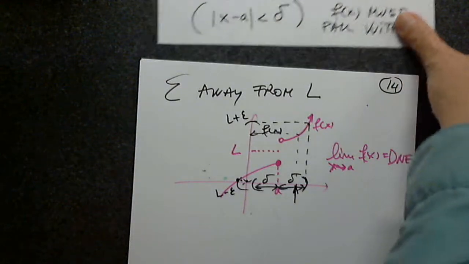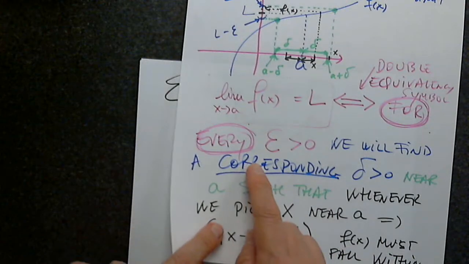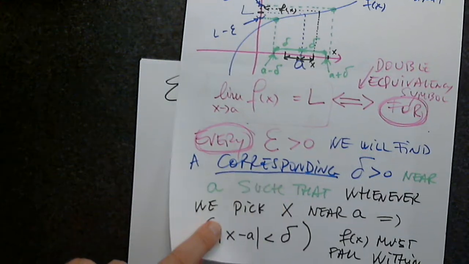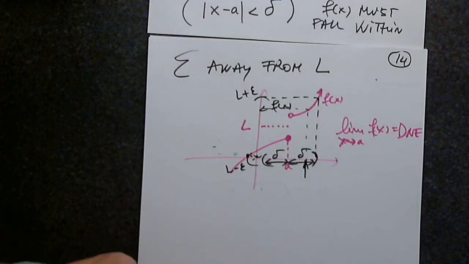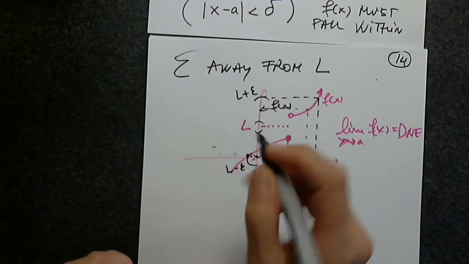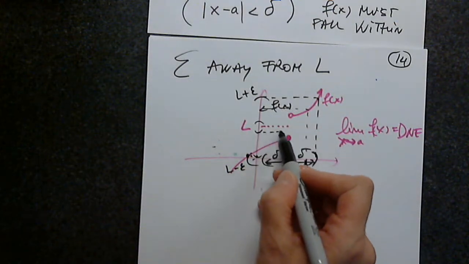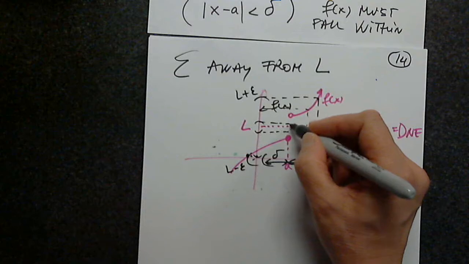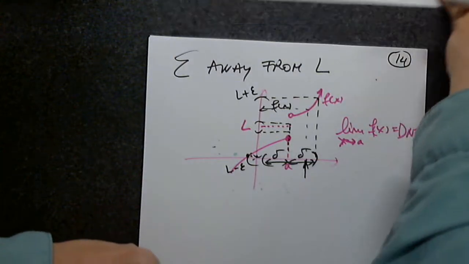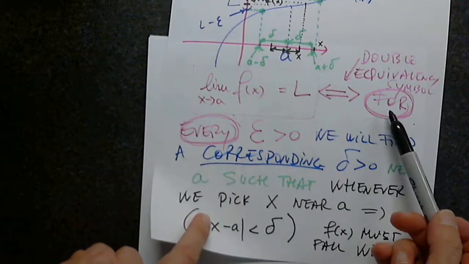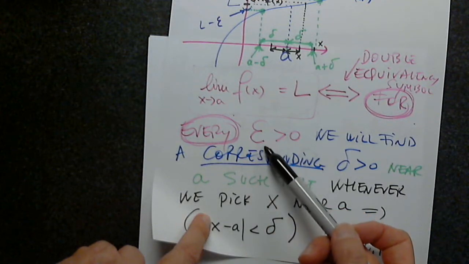The keyword is for every epsilon. I picked one, and I showed that it works, but it doesn't work for all. Look what happens if I choose this epsilon. I will never be able to find an interval around A. It doesn't exist because the limit doesn't exist. So the keywords, one more time, are for every epsilon.